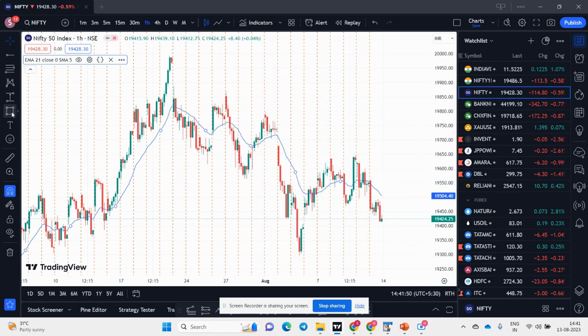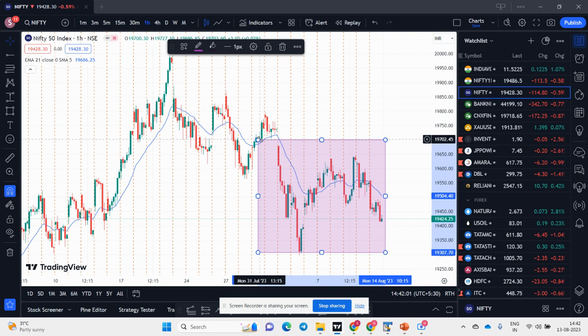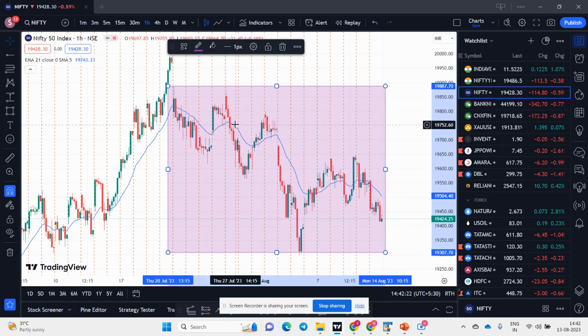I'm selecting the complete range, starting from when the market entered into the bearish zone, and blocking it so that it is easy to identify the market we are going to back test. We can see that it confirms that in the 1 hour trend, as the market is below this 21-day EMA, this is a bearish market for an intraday.